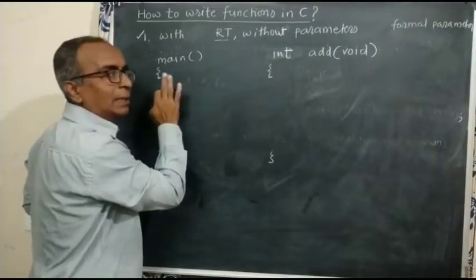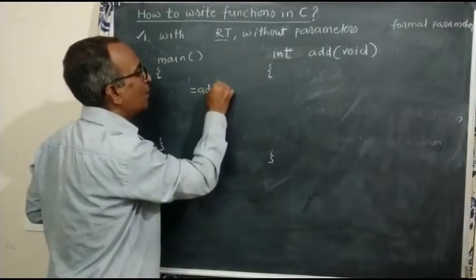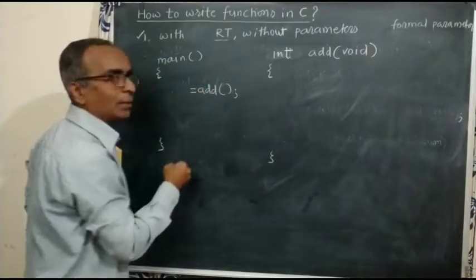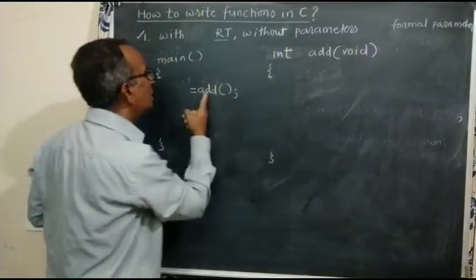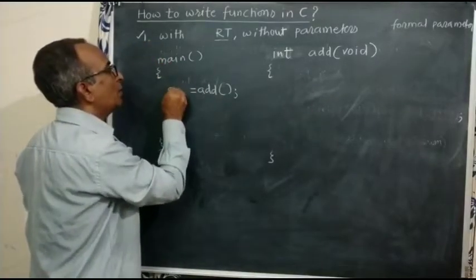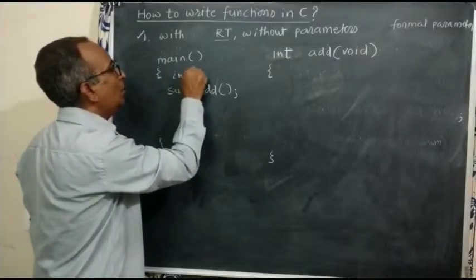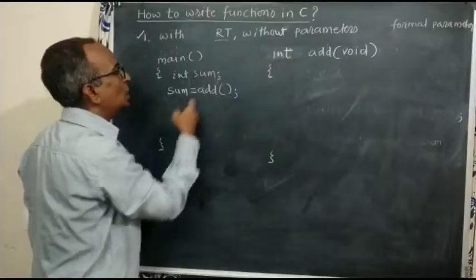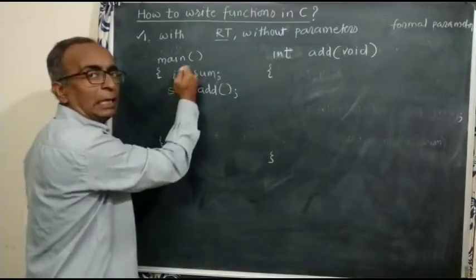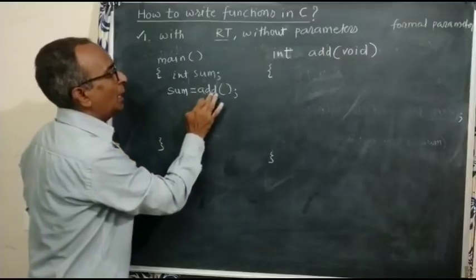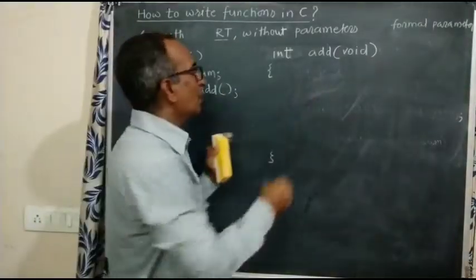So what main has to do is call this function without sending any parameters, and whatever this function returns, it has to collect. Suppose sum. So this sum you have to declare in main. Whatever variables you are using in the function should be declared. So add will be called. What is the task of add?